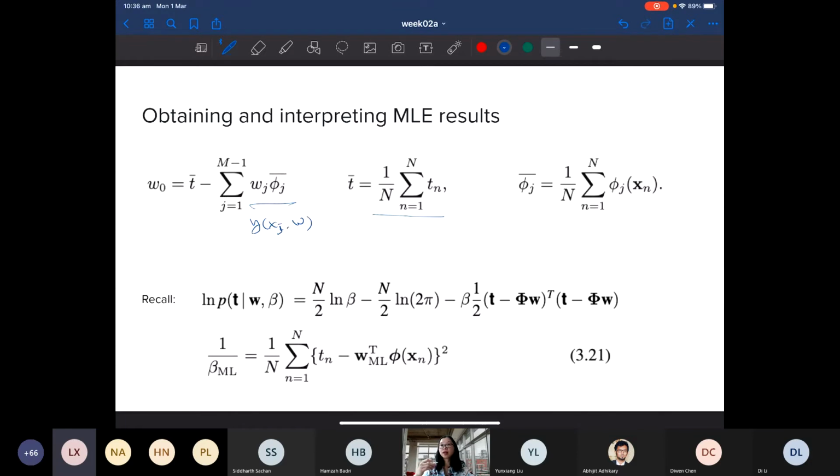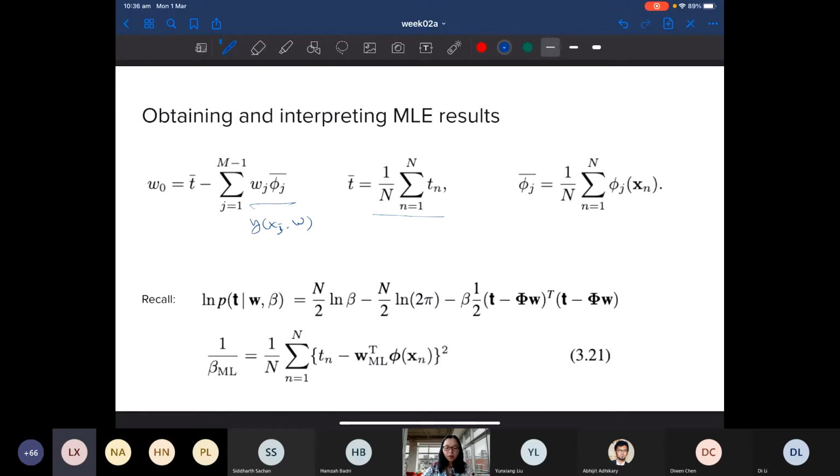So basically the bias calibrates between the average of the output and the function being learned without the bias term. So that makes sense. That's what bias means. It's just a constant shift.